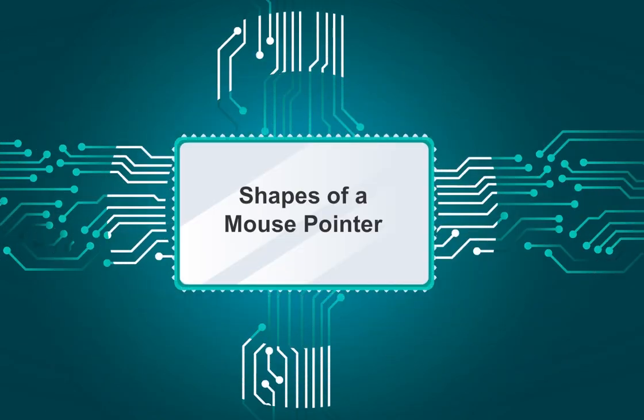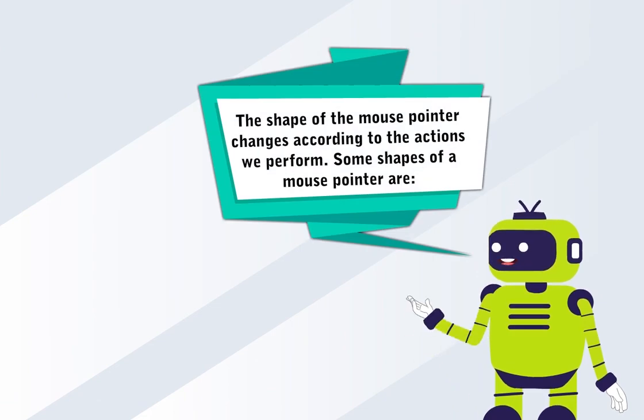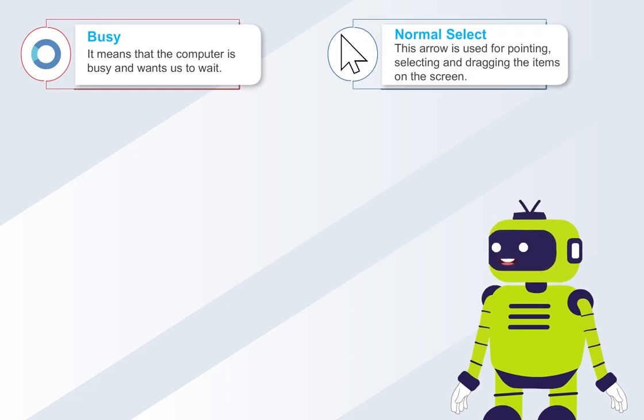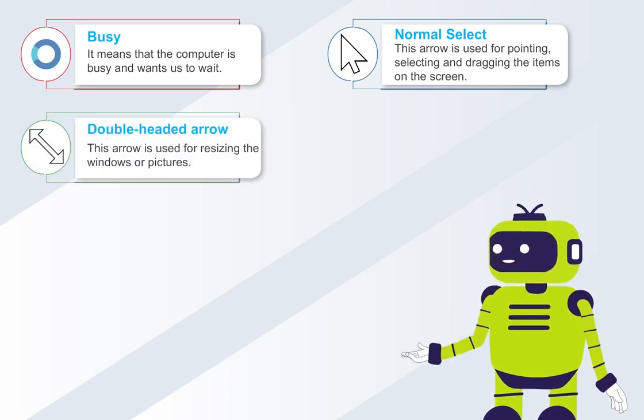Shapes of a mouse pointer. The shape of the mouse pointer changes according to the actions we perform. Some shapes of a mouse pointer are: Busy. It means that the computer is busy and wants us to wait. Normal select. This arrow is used for pointing, selecting and dragging the items on the screen.